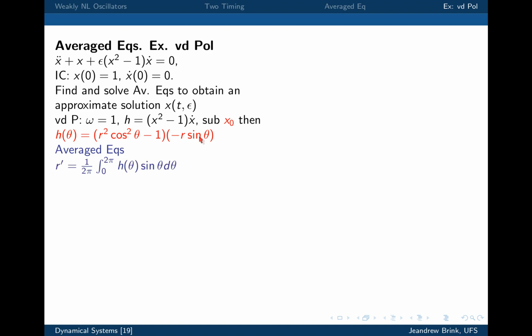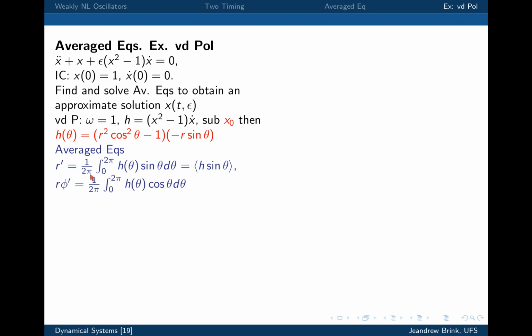Okay, and our averaged equations are now r prime equals 1 over 2 pi times the integral from 0 to 2 pi of h of theta times sine theta, which we can write as like so.